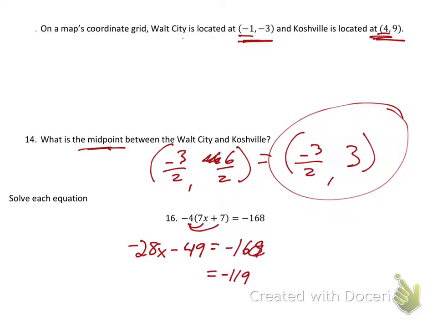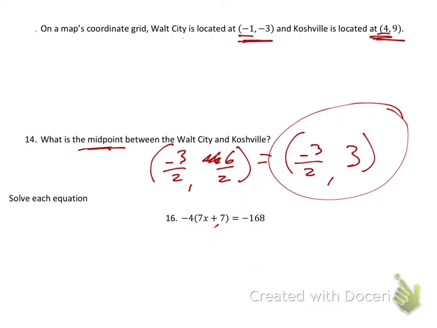Then I'm going to divide by -28 on each side. I believe that's the wrong number. I get x is equal to 4.25, but that doesn't look right on the answer key, so let's see what I did wrong.